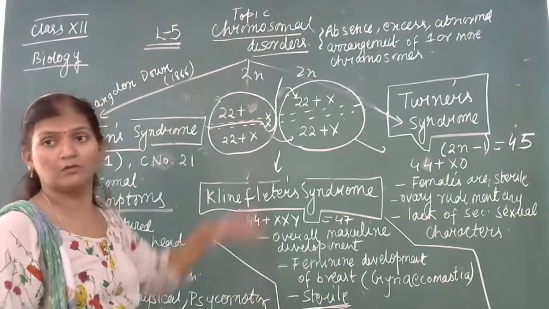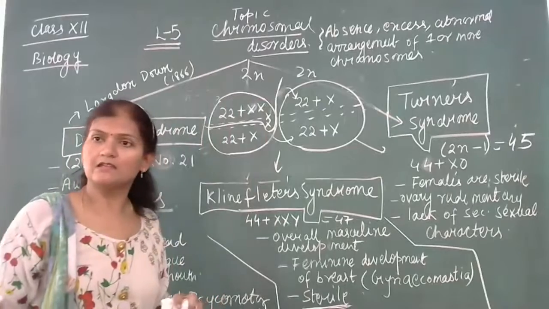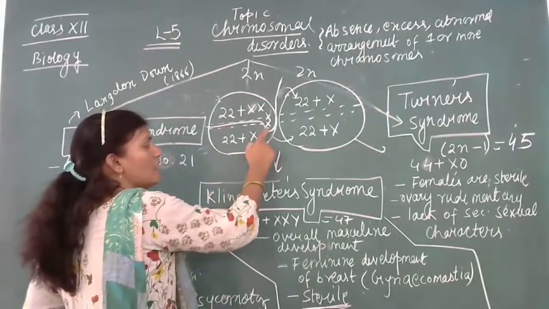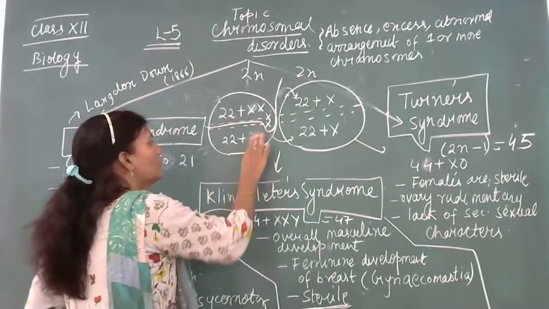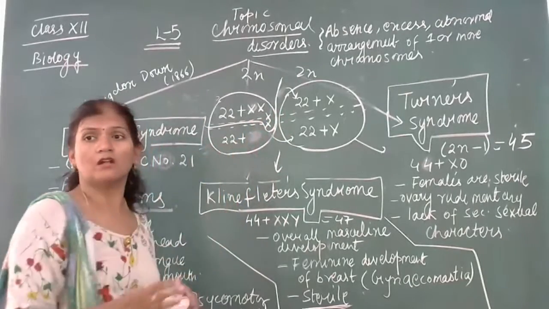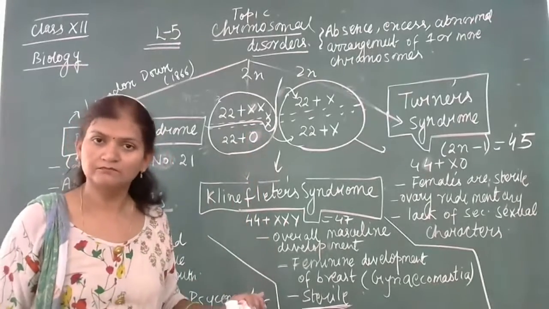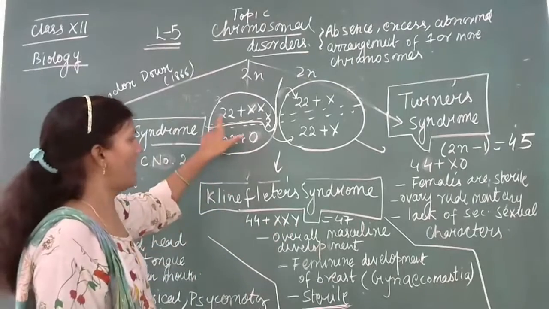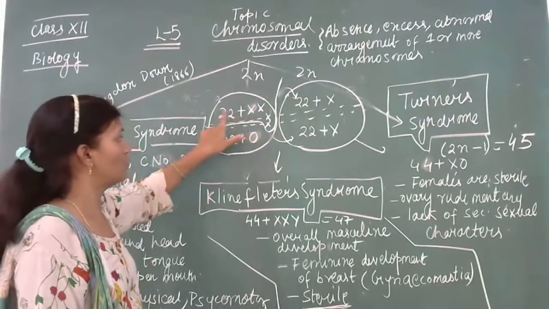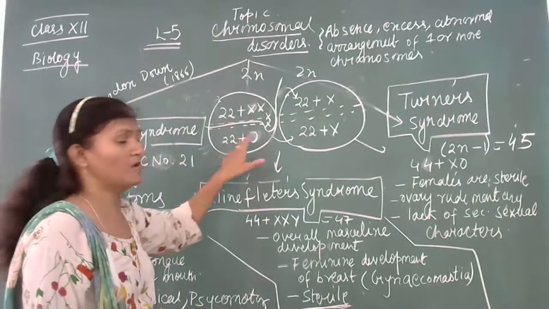Therefore, here it will be 22 plus XX. And since one X has gone on that side during the separation, therefore it will become 22 plus 0. Nothing. Understood? It means half of the gametes will have this type of condition, 22 plus XX, and half of the gametes will have 22 plus 0.